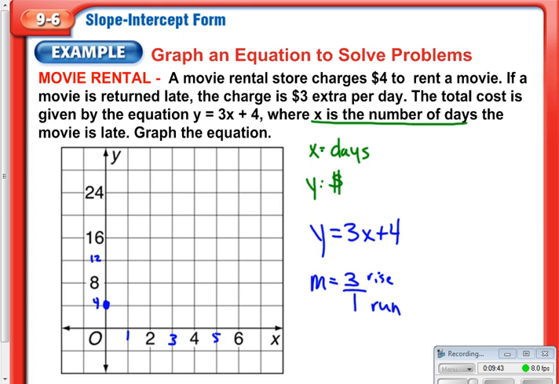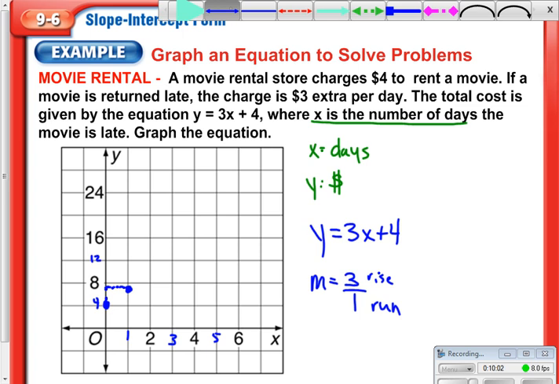So I need to go up 3. I can't go all the way from 4 to 8 because that's up 4. So I'm going to go up 3, and then I need to go over 1. There's my plot. So now I have my 2 points. I can construct my linear line from those 2 points, and there we have it.